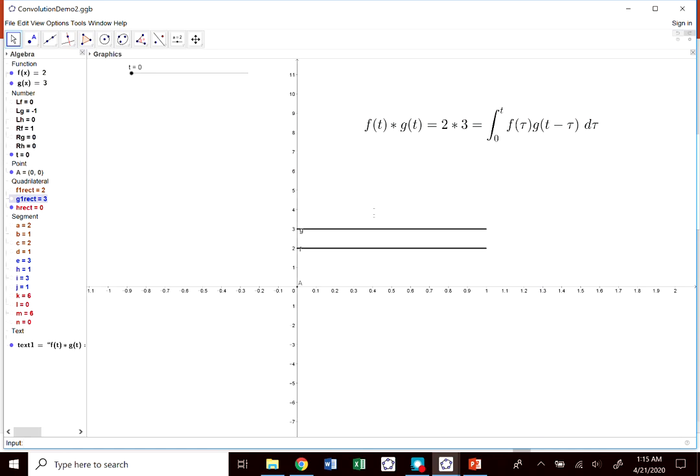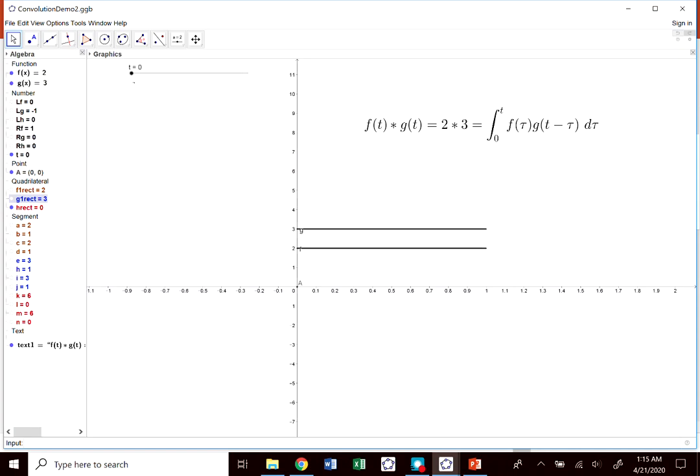If g of tau looks like this, what does the graph of g of t minus tau look like? Now, for that, it depends on what the value of t is. Pay attention to that. The graph of g of t minus tau, how it looks, depends on what the value of t is. Now, I have a slider going on here.